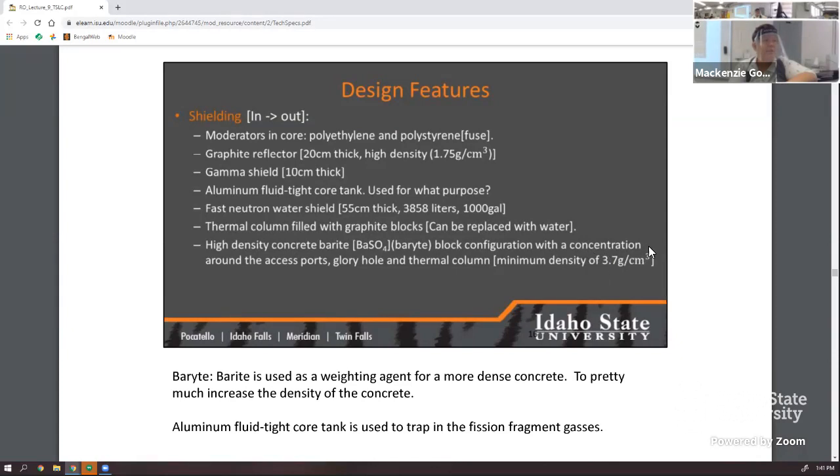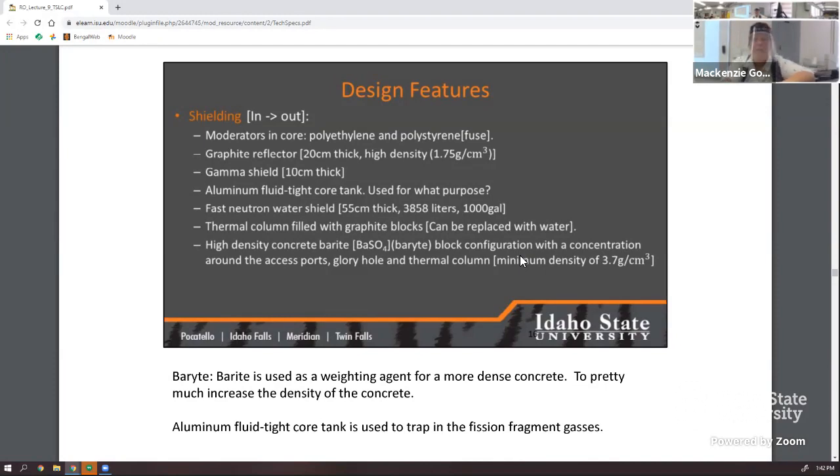We've got a density of 3.7 grams per centimeter cube. Essentially what this does is it ensures that that concrete is very capable of blocking gammas. There's no gaps in the structure due to a lower density that allows any gammas to stream through it.